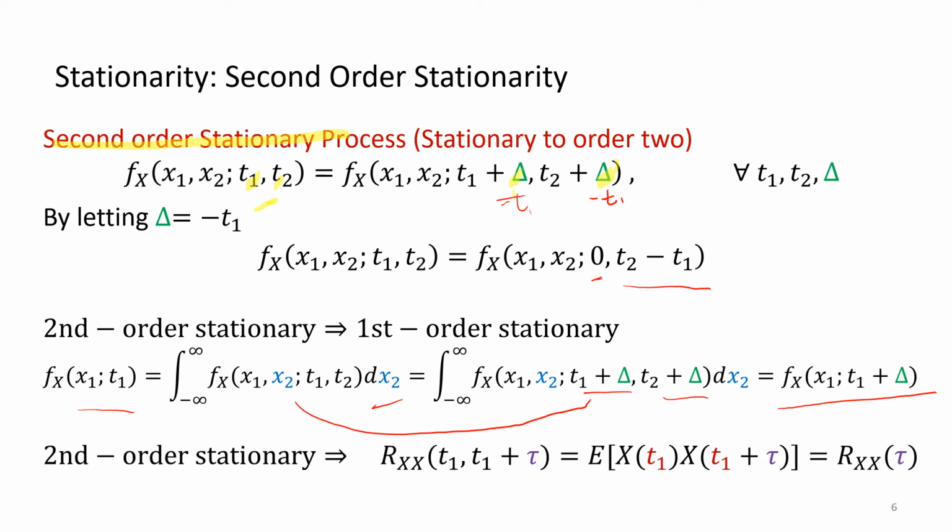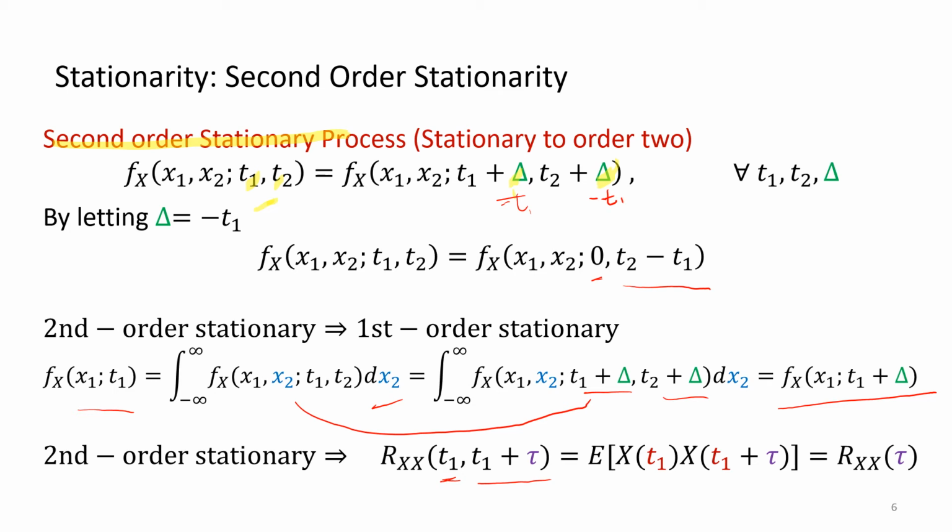Now, for second order stationarity, we can write it this way, for example, T1 plus tau, any time shift. We can write T1 and T2, or we can use T1 and T1 plus tau.